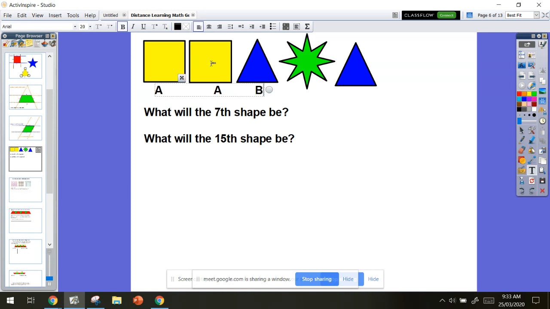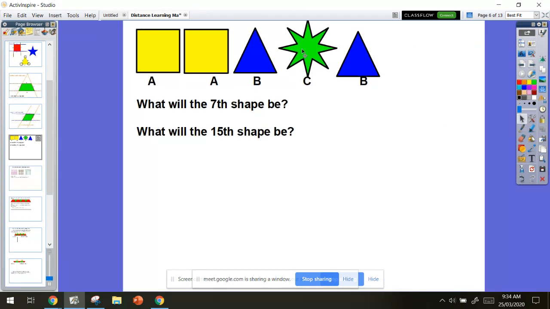B. Okay, remember that you're going to have to wait. I'm going to call on everyone, so just wait, okay? Yes, sir. Hi, what will this shape be? C. Okay, and Lynn, what will this shape be? B. Very good. So our pattern is A, A, B, C, B.